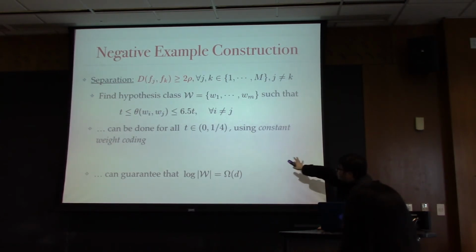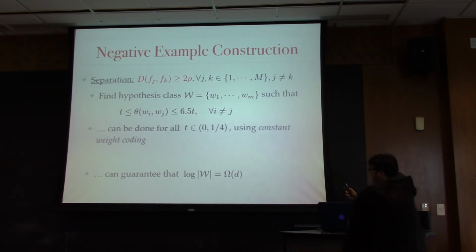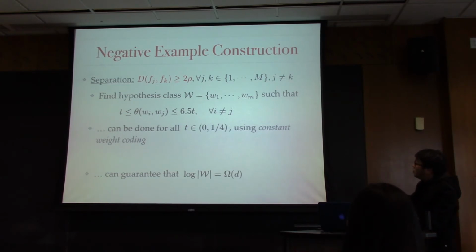This needs to be constant weight coding because I have the constraint that all the w should have norm 1. So the nonzero entries I can change must be a constant, otherwise it will not normalize to 1. So this is the first part of our construction, and it satisfies the separation.